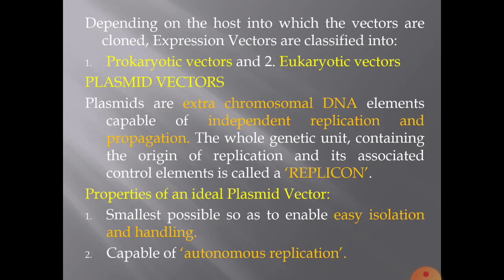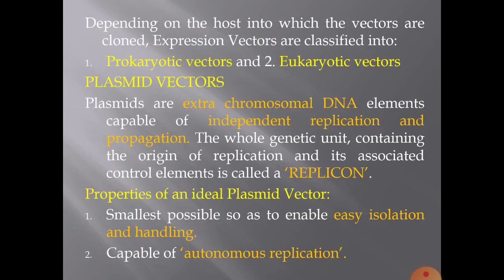Now coming to the plasmid vectors. What are they? Before going into the vectors as such, you should know what plasmids are. Plasmids are extrachromosomal DNA elements capable of independent replication and propagation. The whole genetic unit containing the area of replication and its associated control elements is called a replicon.